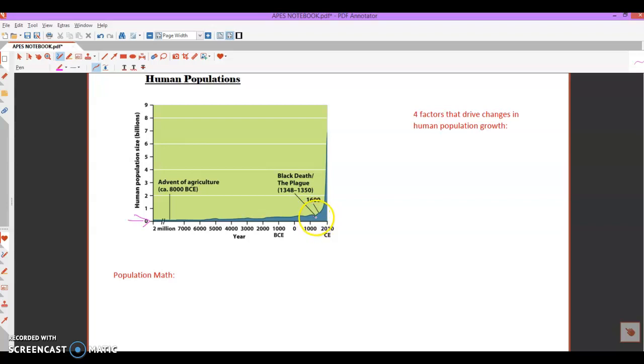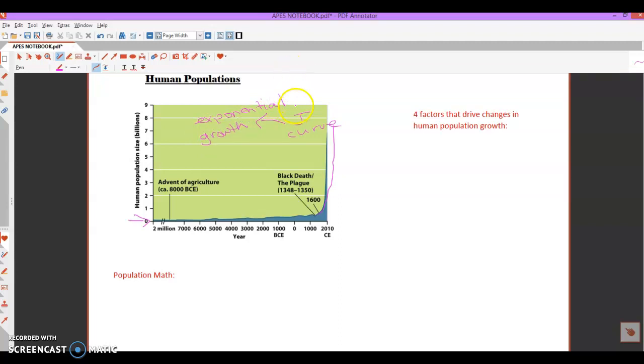Okay? Now, when we get to about here is where things start to change. So hopefully by looking at this, you guys have noticed that this is a J-shaped curve. All right, so in our last portion of the unit, we said that a J-shaped curve means, hopefully you remember, exponential growth. So the human population is currently experiencing exponential growth.